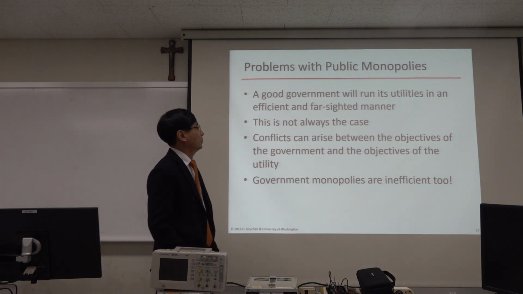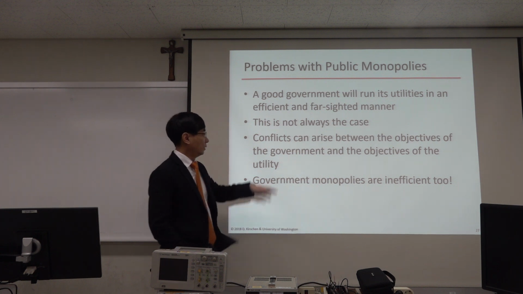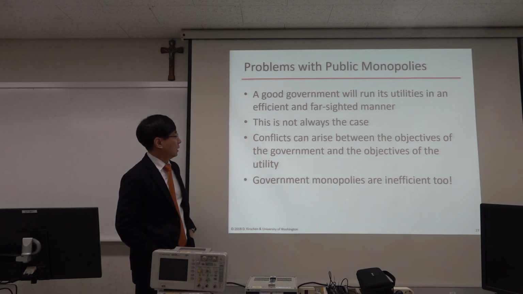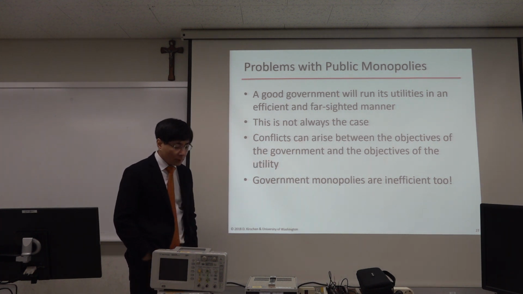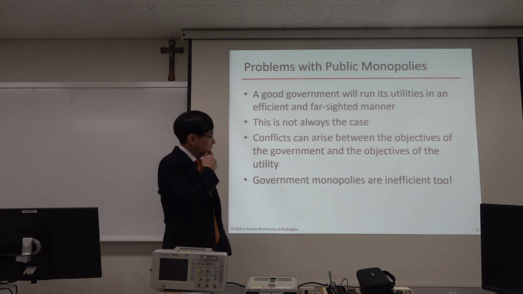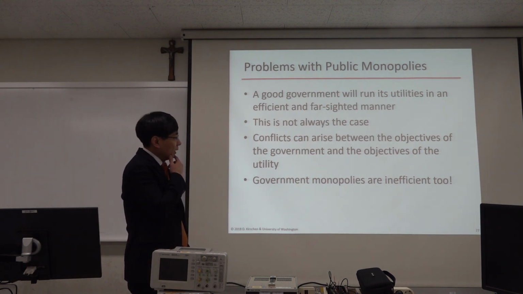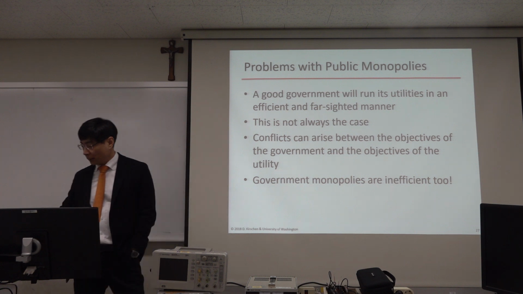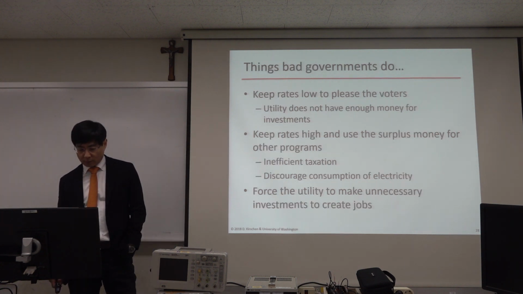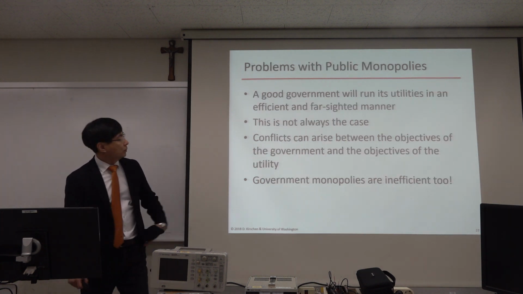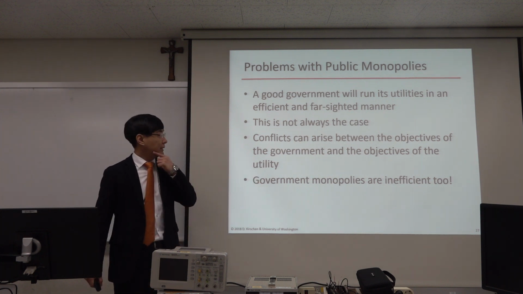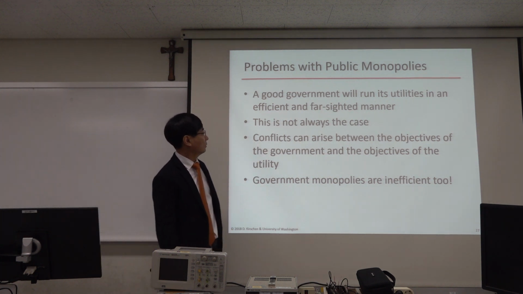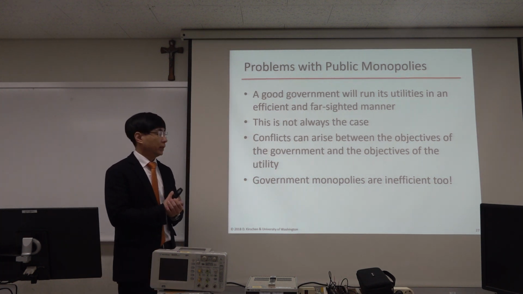Conflict can arise between the objectives of the government and the objectives of the utility. Well, this is an interesting case. So in the next slide, we will see what kind of conflicts we can expect.